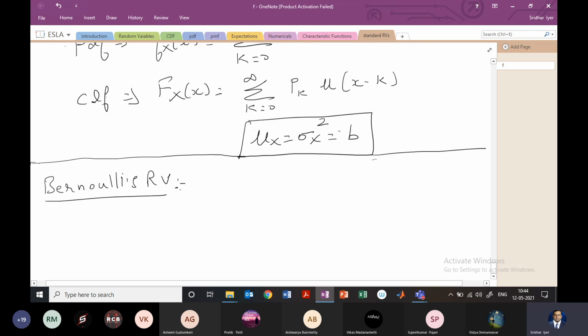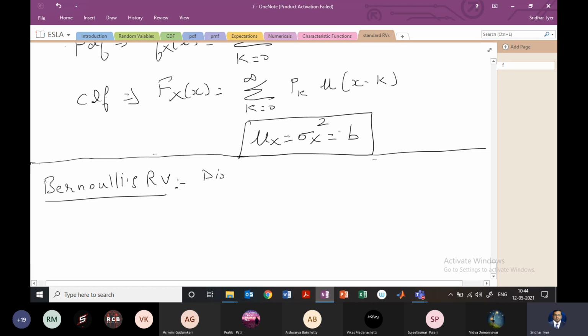It is one of the most basic rules used in probability. When we toss a coin and we get heads or a tail, that is basically a Bernoulli random variable. The term binary, where you have two options, 0 or 1, is basically the Bernoulli random variable. So it is a discrete random variable, and it has only two outcomes.